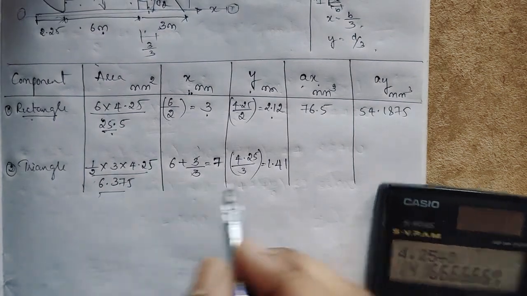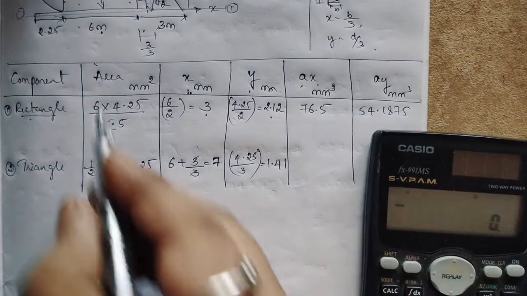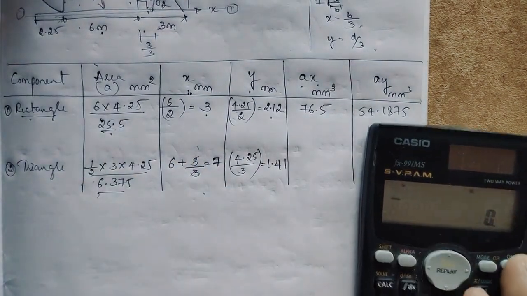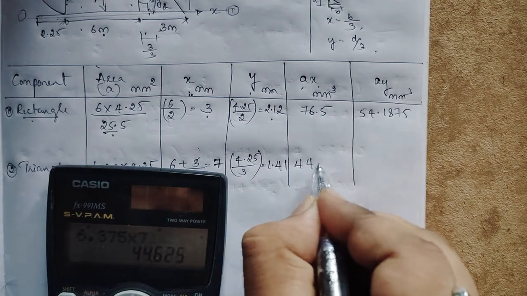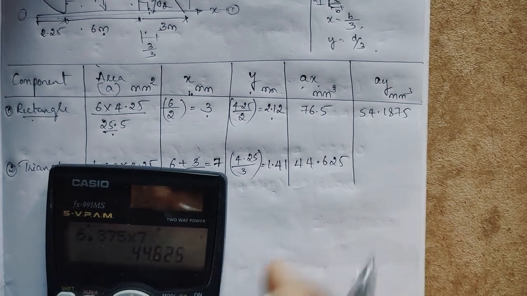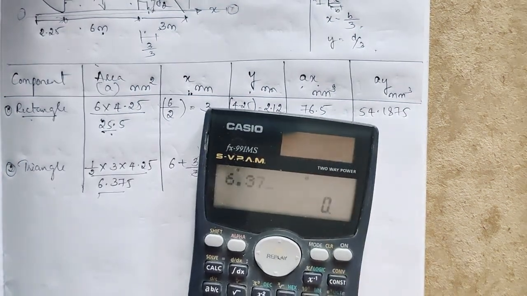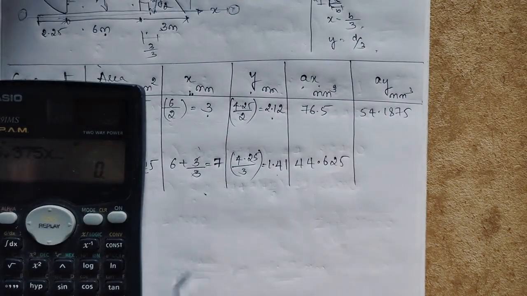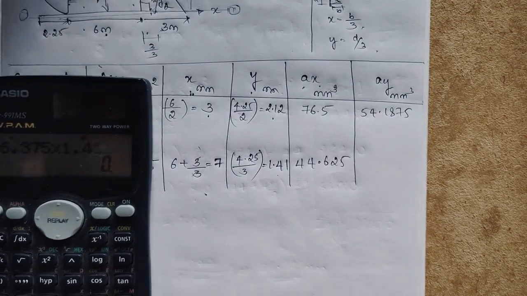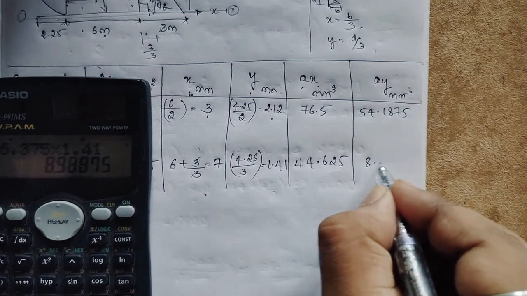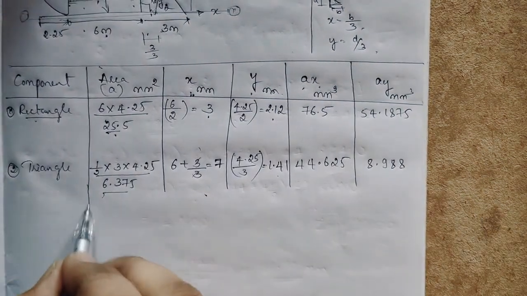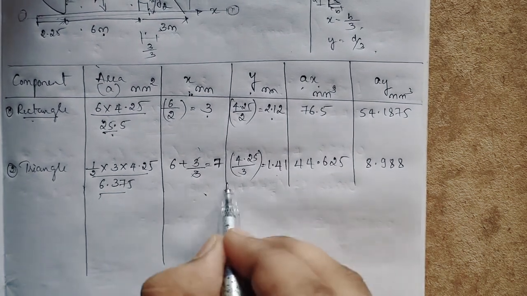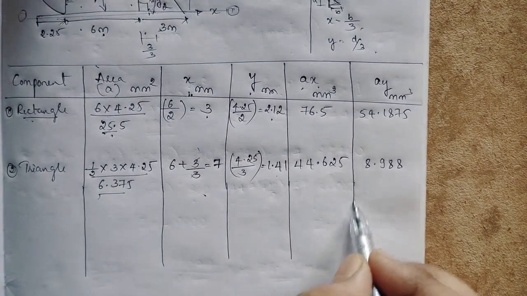So 6.375 area, this area into x. So 6.375 into x, which is 7, is nothing but 44.625. Next 6.375 into the y distance, 1.41, it is 8.988 m cube. Now another one, what we have remaining? The remaining is the semicircle.